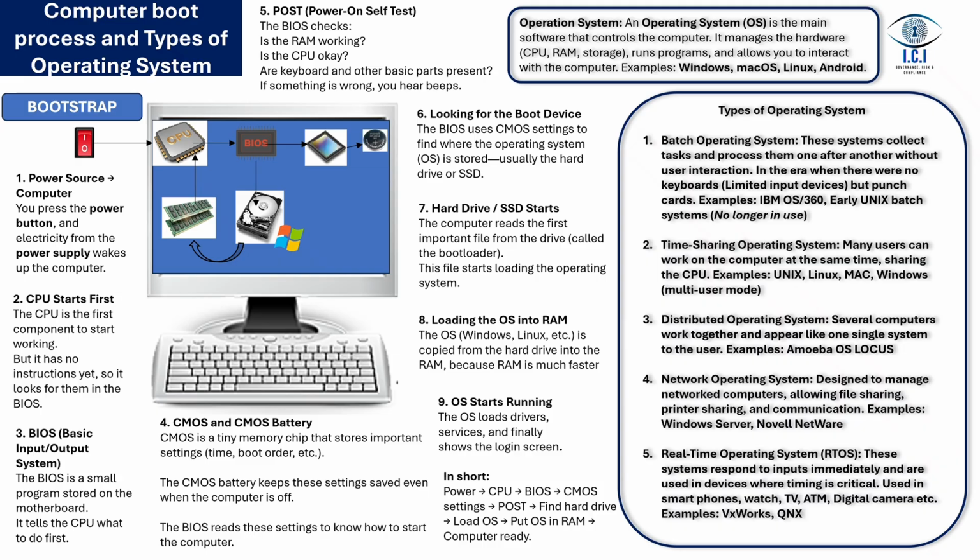Then the next we have is the network operating system. A network operating system is designed to manage networked computers. Networked computers are computers that are connected to each other. In the process of connecting to each other, they share files, they share the same printer, they communicate, and so on. An example of a network operating system is Windows Server.